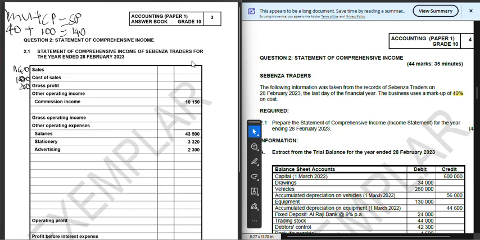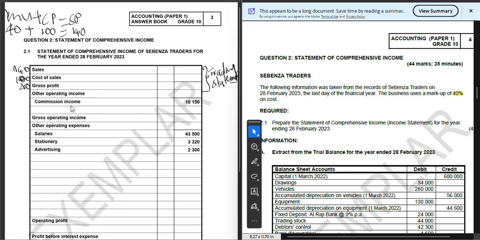And remember, ladies and gentlemen, this first part of the income statement is called the trading statement. Space is not enough for me to write exactly what it is, but this is the trading statement.